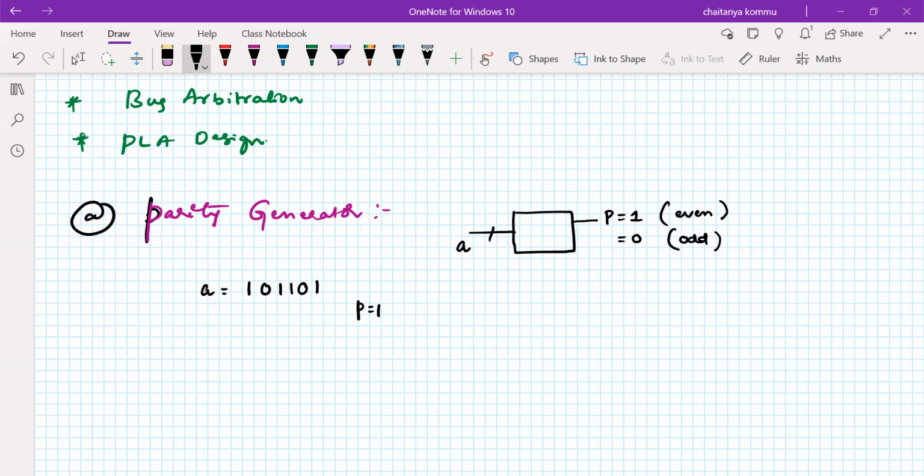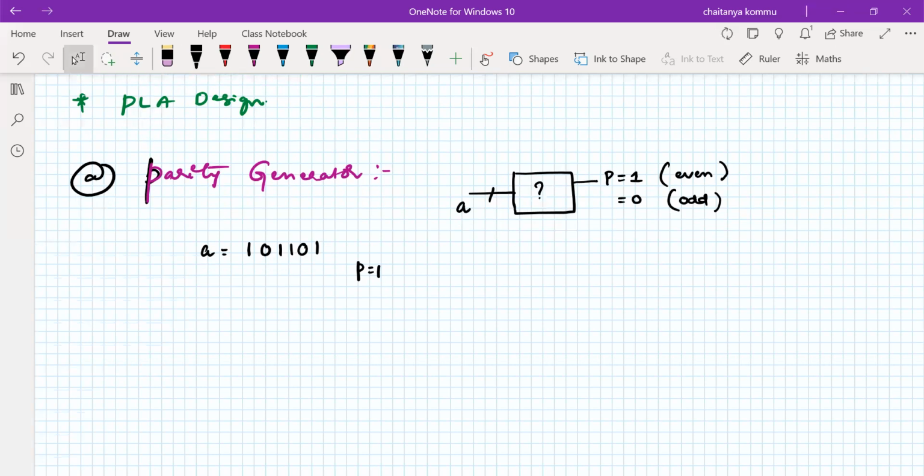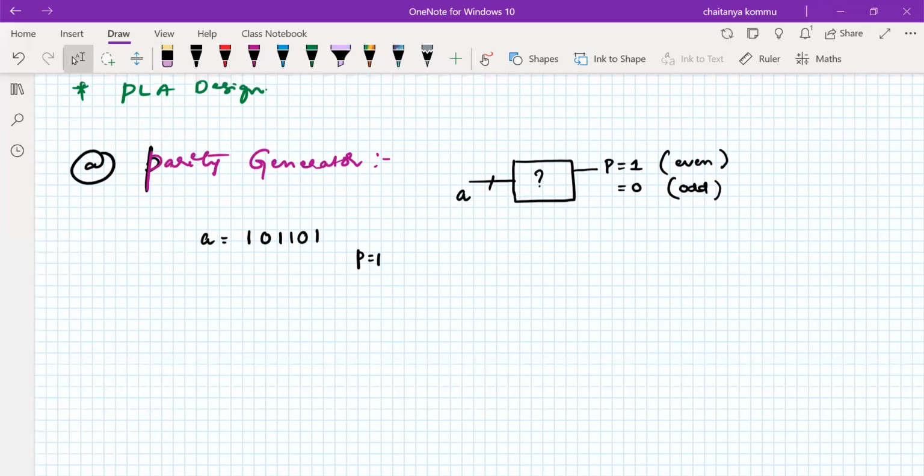Okay. So how do we generate this one? What is the logical circuit inside of this one? That's important for us. So if you want to get the parity as 1, what we have to do is initially take 2 bits. What operation is suitable for us?